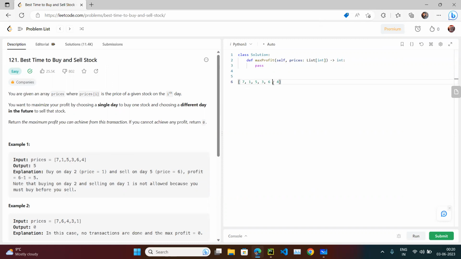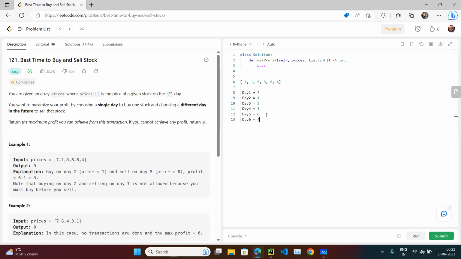These are just the prices. On day one the stock price is 7. On day two, it is 1. On day three, it is 5. On day four, it is 3. On day five it's 6, and on day six it's 4.